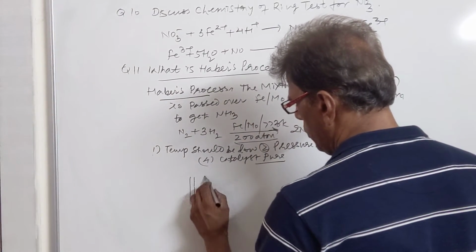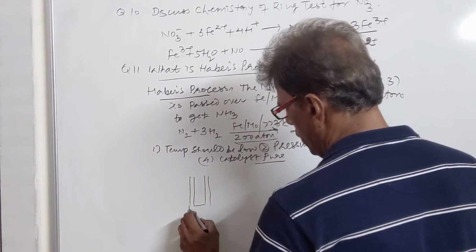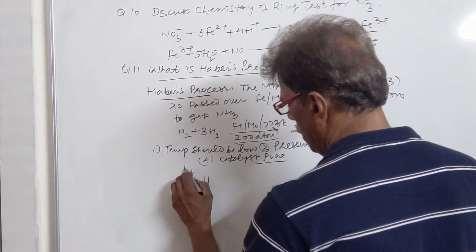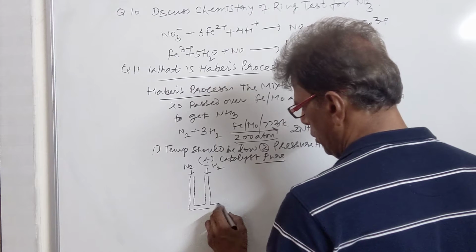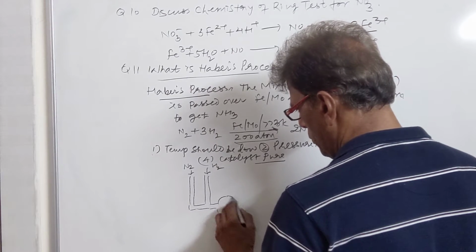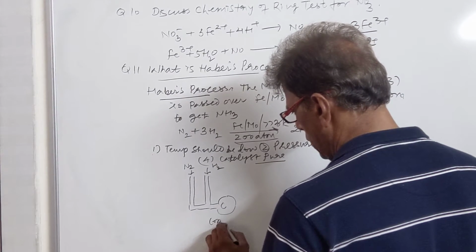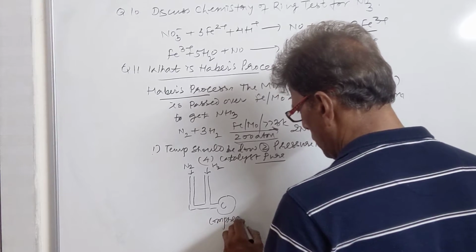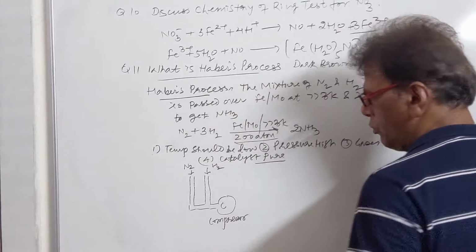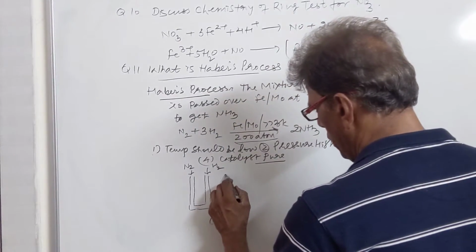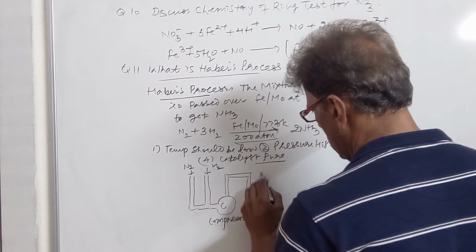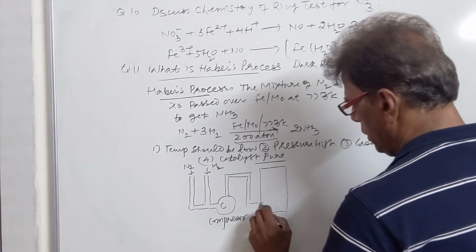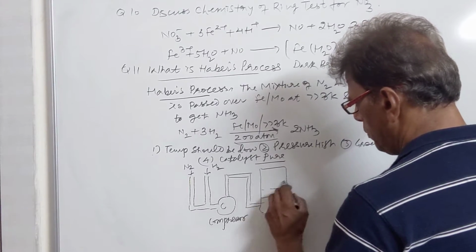From one tube we will be supplying nitrogen gas, which is obtained by liquefaction of air. Another tube is for hydrogen. Before going to the chamber, they are compressed. This is the compressor where gases are compressed to a pressure of 200 to 900 atmosphere. Then these compressed gases are passed through another chamber which is packed with iron and molybdenum.